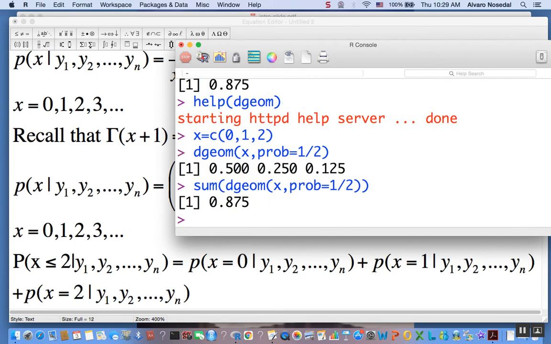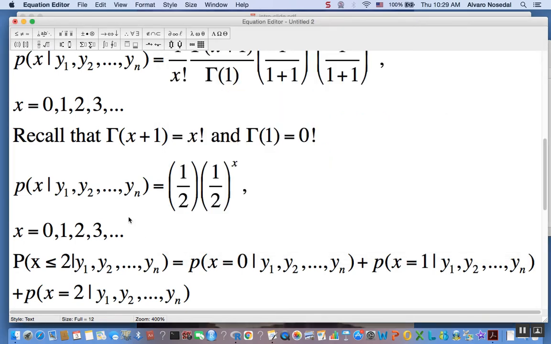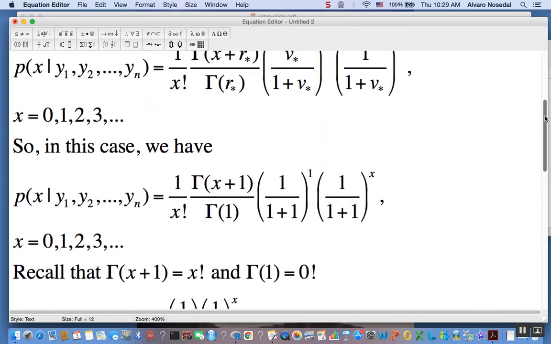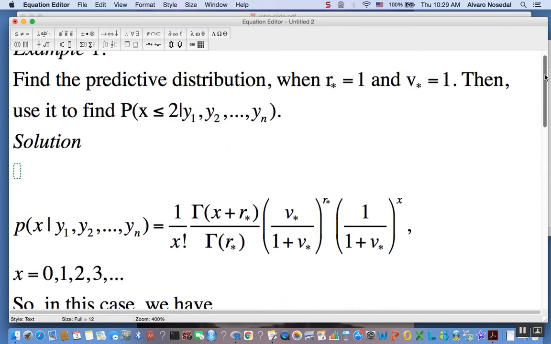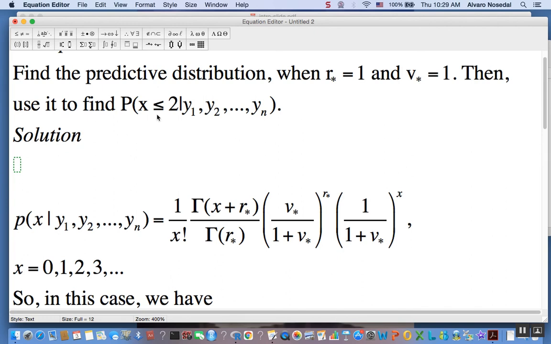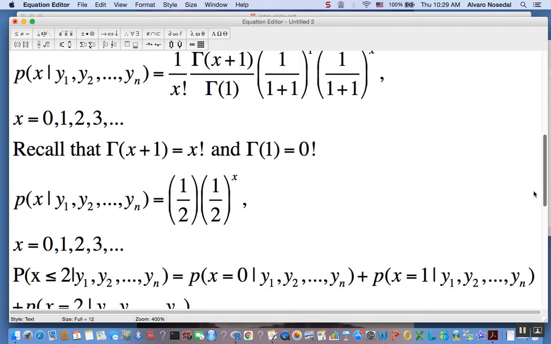The other way is realizing that that event, the probability that x is less than or equal to 2, is the same as evaluating the CDF, right? In this case, the CDF of a geometric.